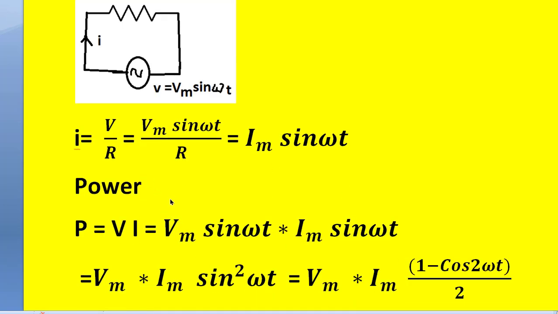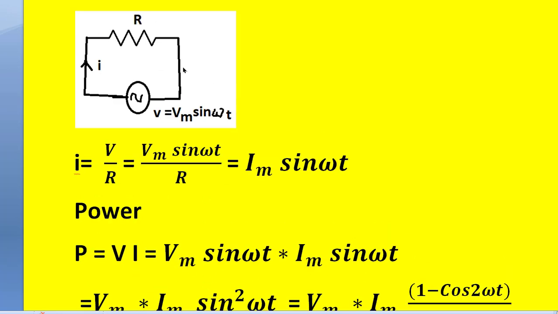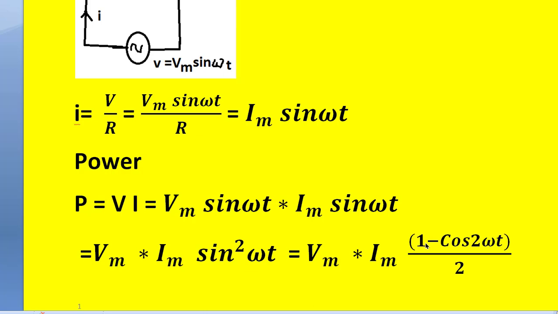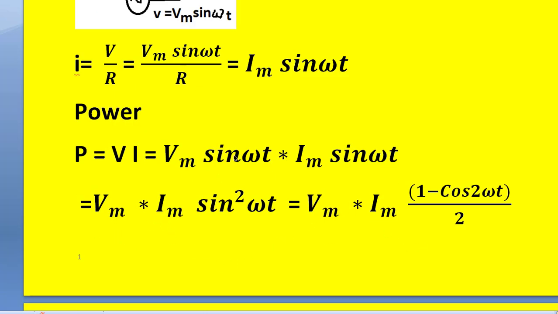Coming to the power, the instantaneous power in the resistor is P equal to V into I, where V is the applied voltage Vm sin omega t, and I is Im sin omega t. When we combine this, we get Vm Im into sin square omega t.